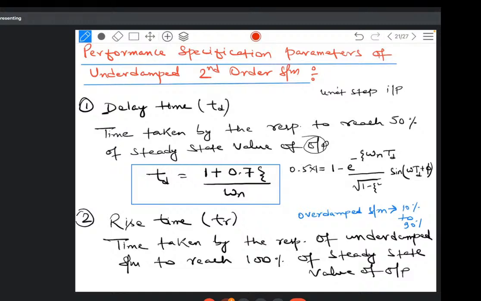But for an underdamped system, it is the time taken by the response to reach from 0% to 100% of the steady state value of output.